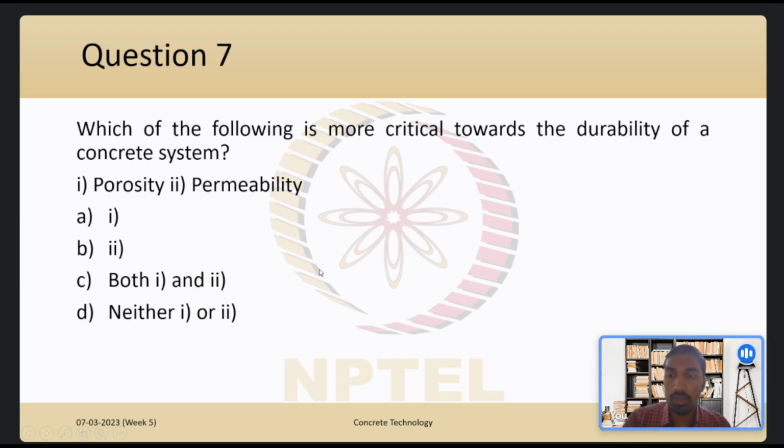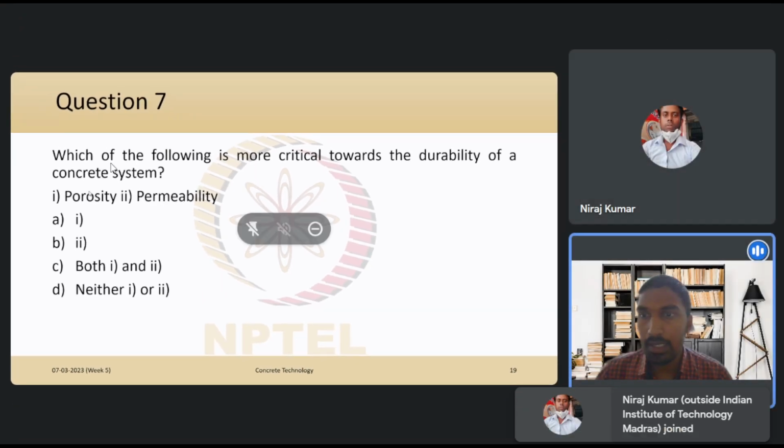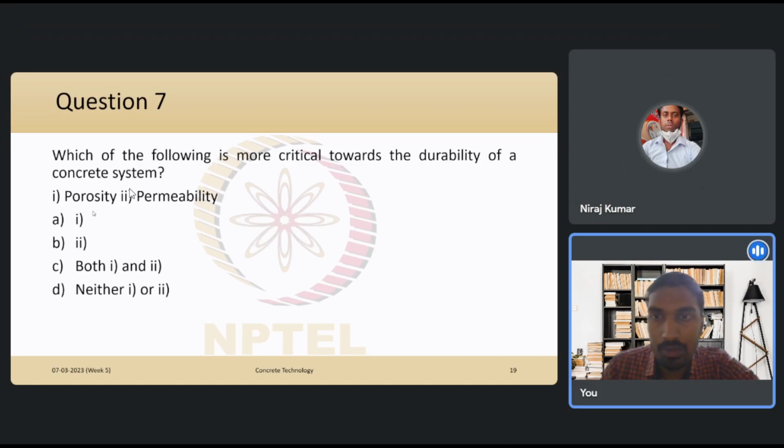Okay, so we are talking about durability of concrete. Porosity as well as permeability are related, right? If you have more porosity, then your permeability will also increase. So what is the difference between the two? Porosity is related to how many voids you have in the total volume, whereas permeability is about the interconnectedness of these different pores.